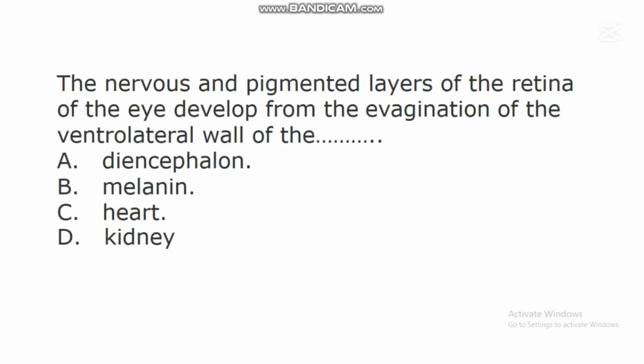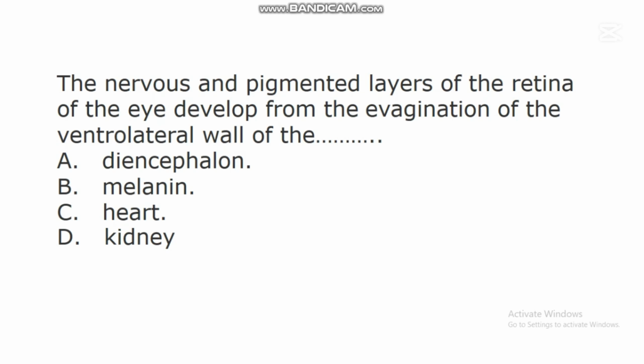The next question says, the nervous and pigmented layers of the retina of the eye develop from the invagination of the ventrolateral wall of the dash. A. Diencephalon. B. Melanin. C. Heart. D. Kidney.